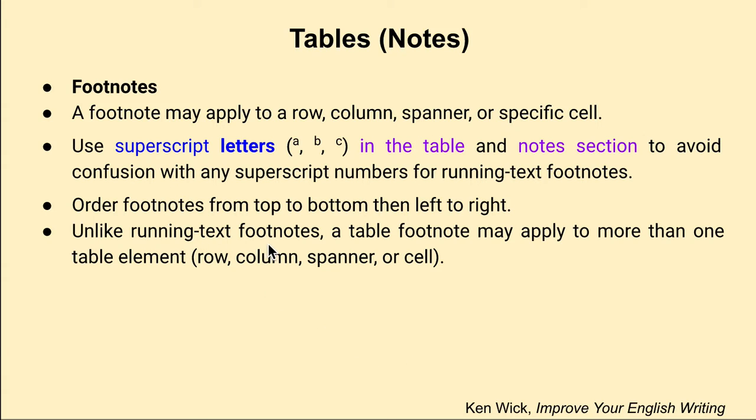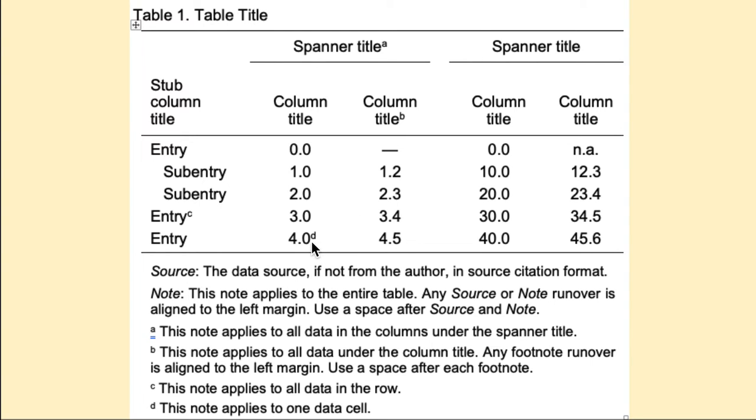Unlike running note footnotes, which can only apply once and you have to repeat them, a table footnote may apply to one or more table elements. So if this note D applied to this 30 over here, you'd write a D over here. You don't do that in normal running text; we'll get to that in a future video.